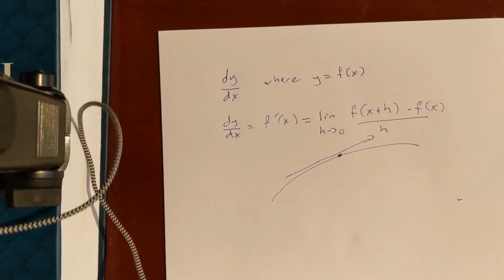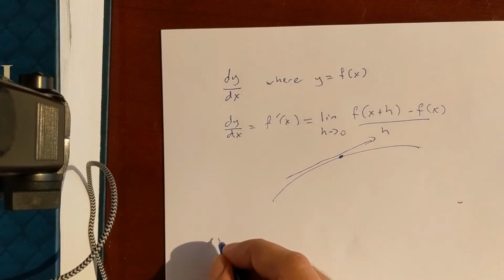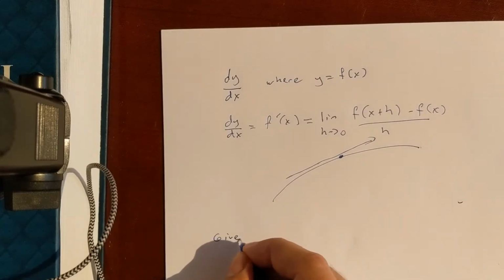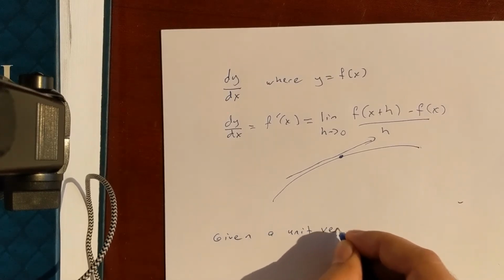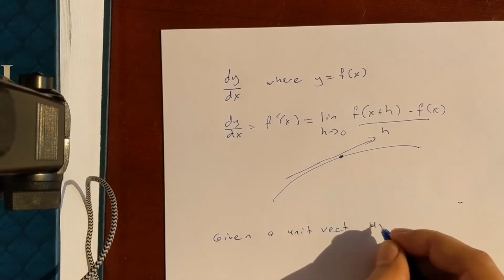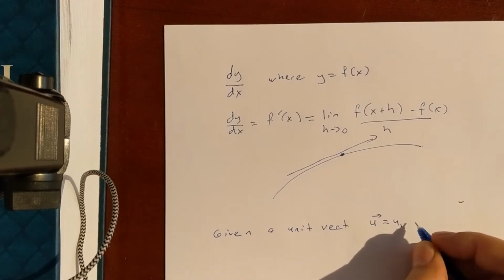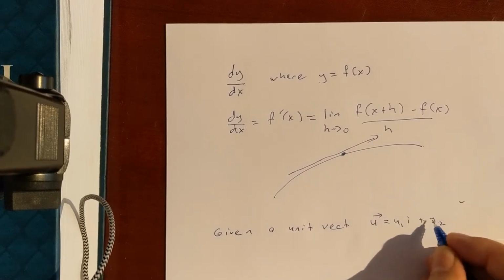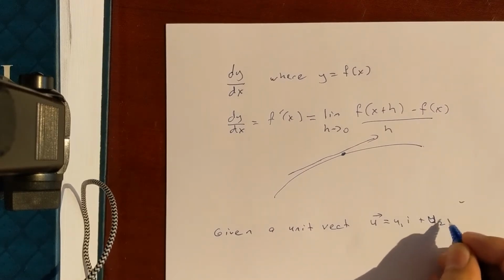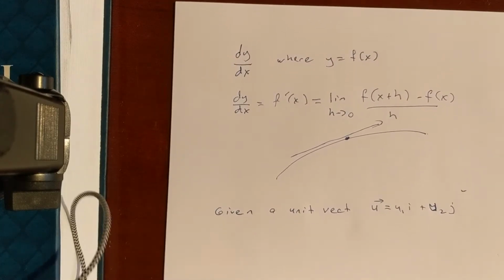Given a unit vector, let's call it u because it's unit, and let's say it has components u1 i plus u2 j.